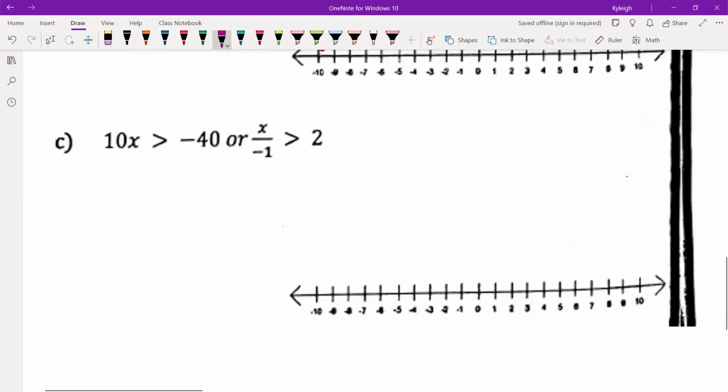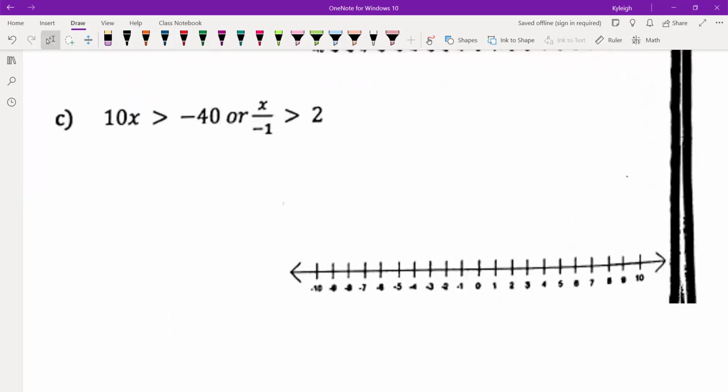All right. Try C on your own for me. Pause the video and try C. Hopefully you paused and actually tried it, but we are going to start by dividing by 10, and that's x greater than -4. So at -4, not a closed circle, an open circle, going in.